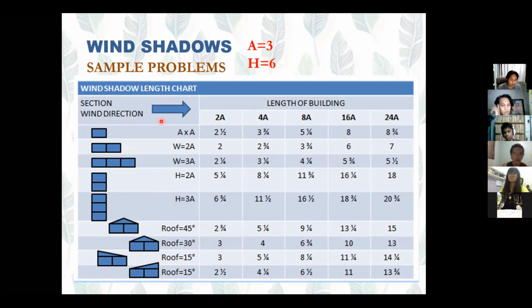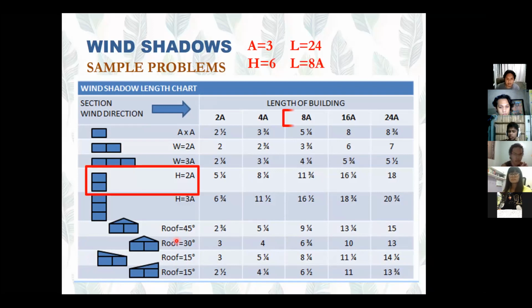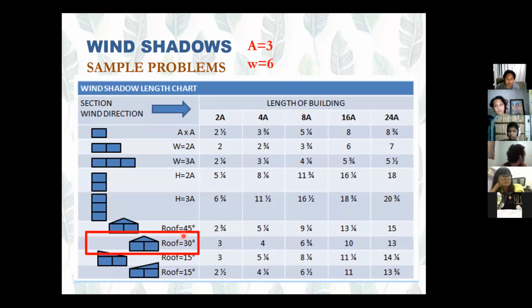Pag may shed type din, 15 degrees, pero if nandyan yung angle, iba yung wind speed, iba din dito sa side. Okay? Example yan. Nakaslanting yung roof, either naka-gable at 30 degrees. So, yan.